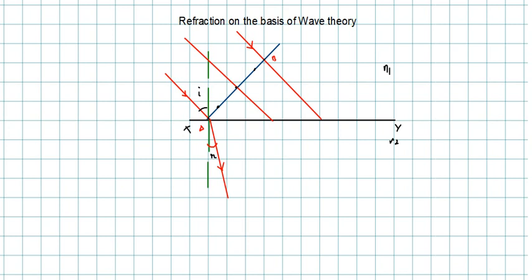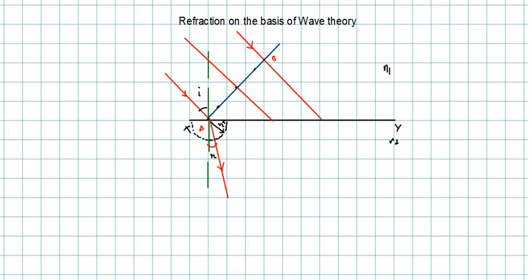Now, in terms of wave theory, the ripple produced at A grows and describes a hemisphere of radius v2t. That means it gradually grows like this. So, this radius will be v2t because that is the distance.